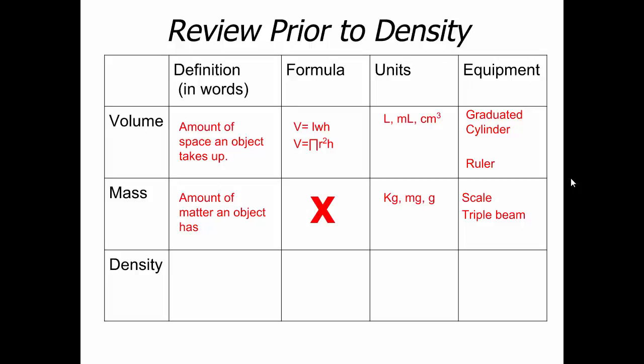Let's say we have a battery pack. Let's take electricity out of the equation here. Okay, Aiden, what do you think? You're saying it would not give the same answer. Why?